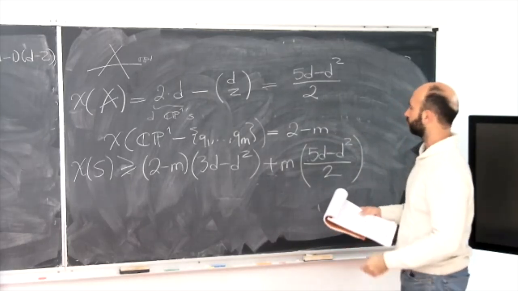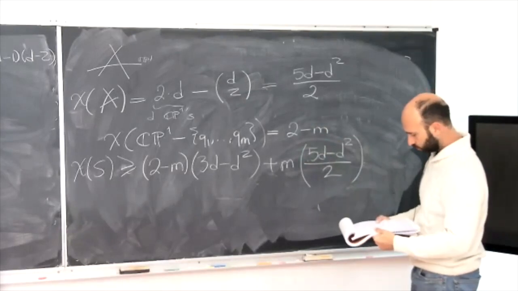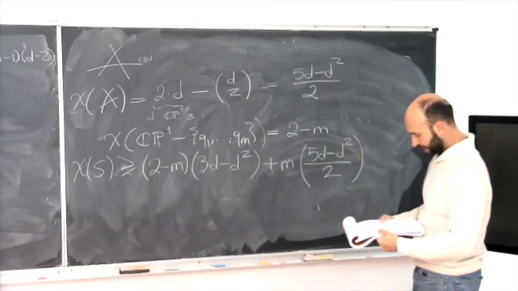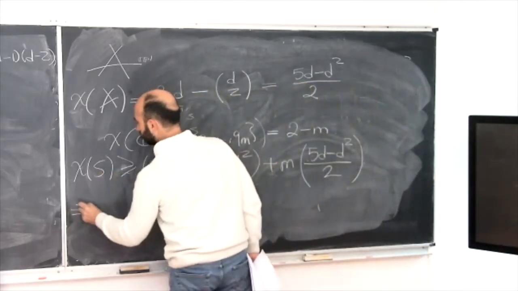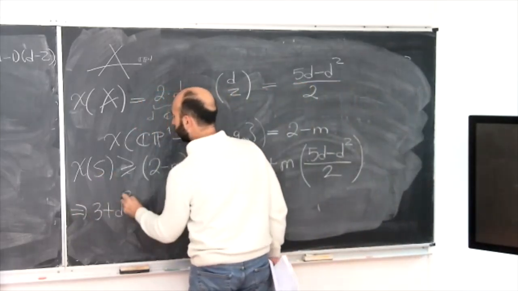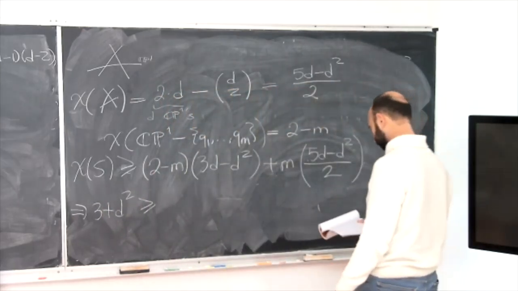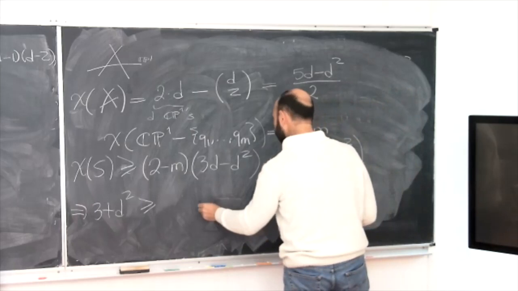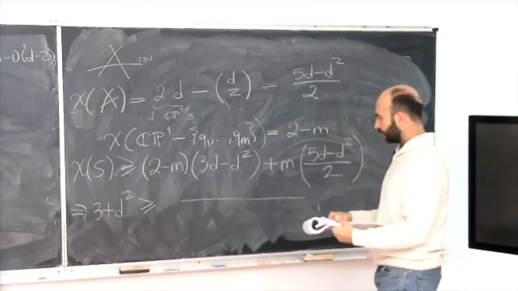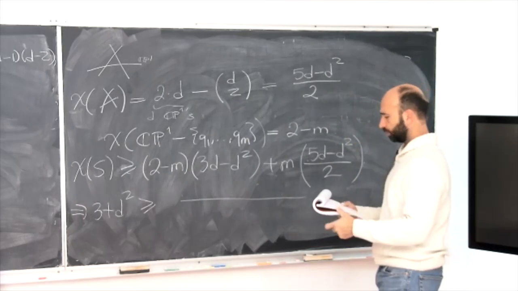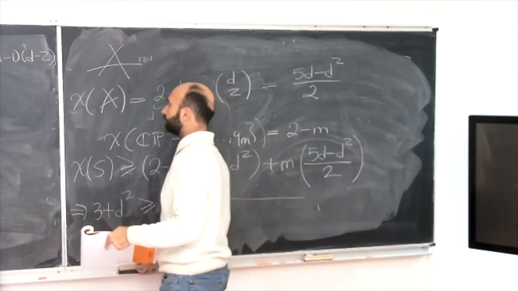For non-generic configurations, as I said, these numbers would go up and the Euler characteristic would be greater. Therefore, this number, which we computed in another way, 3 plus d squared, must be as large as this number. Okay, so we want to find a bound on m. Therefore, let's simplify this.